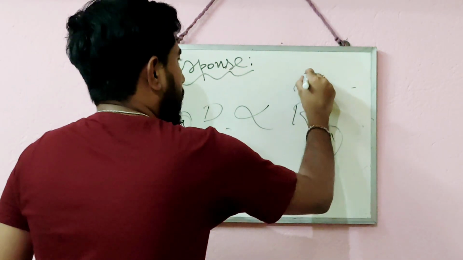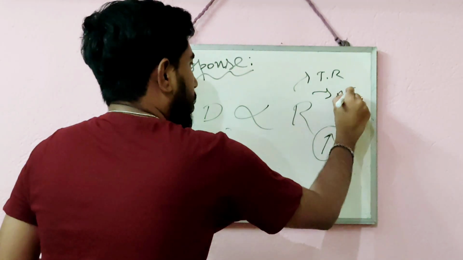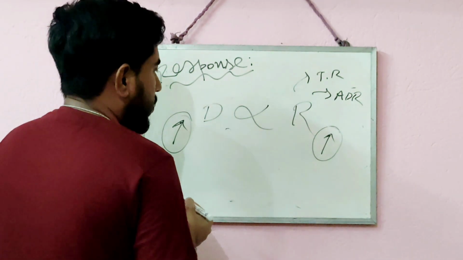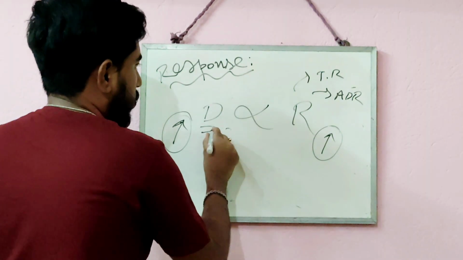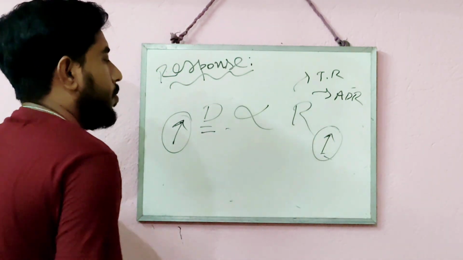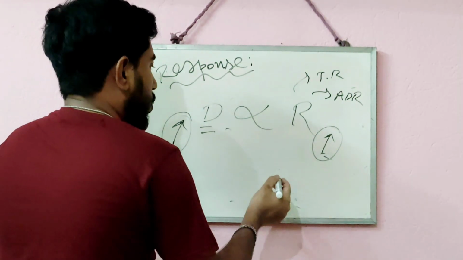It can be more therapeutic response or more adverse drug reaction. So whenever the drug dose is more, it will show more response, and that response, whether therapeutic or adverse, will also be more.